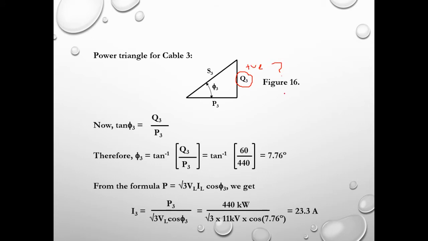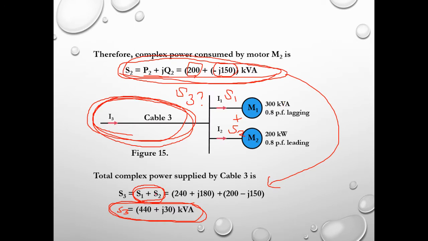Just go back to the previous slide and look from here. S3 is equal to P3 plus jQ3 over here, so the value of jQ is positive.